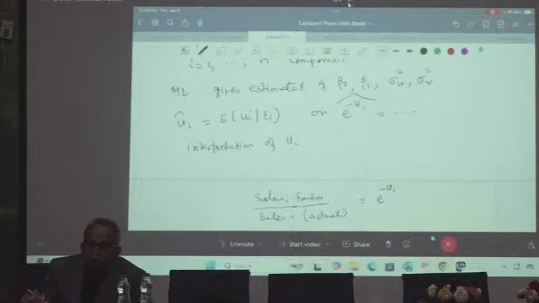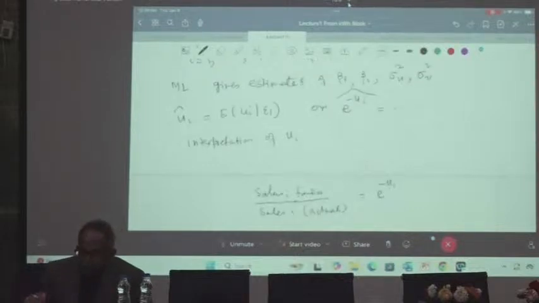But if you want to interpret u, how do we get it? The question is, as I said, the model is in log, and you are estimating u. So what you can do is, let me see.